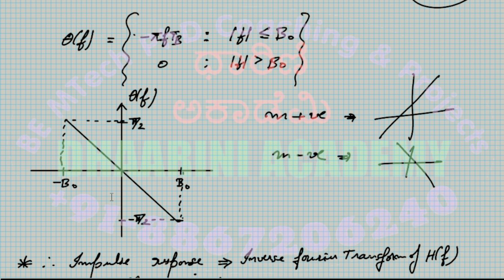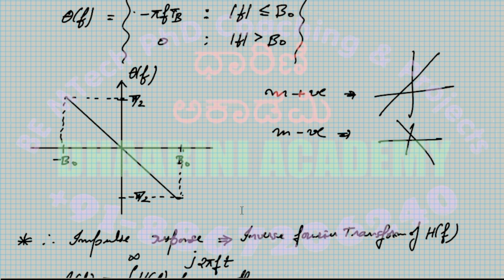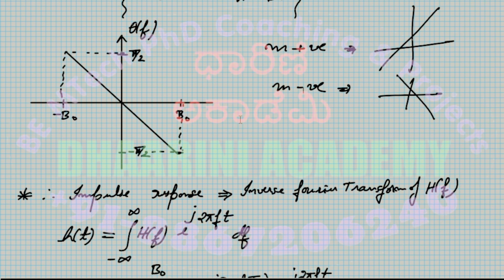At minus B naught, it will become minus pi by 2, and at plus B naught, it becomes plus pi by 2. Since the slope is negative, this has to be a decreasing straight line, not increasing. So we could identify that this is how the H of f gets plotted. Both the graphs we could get. Since it is complex, one magnitude plot and one phase plot.